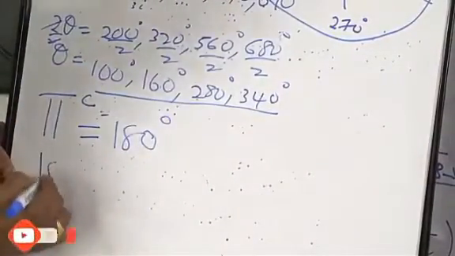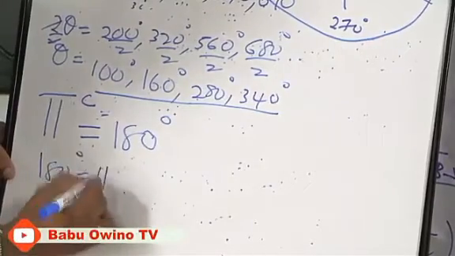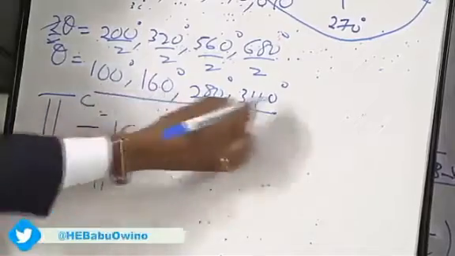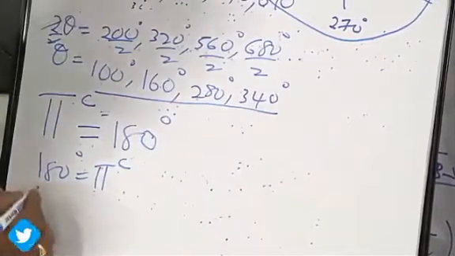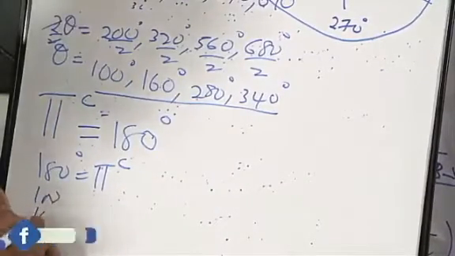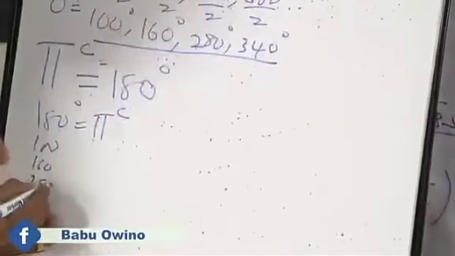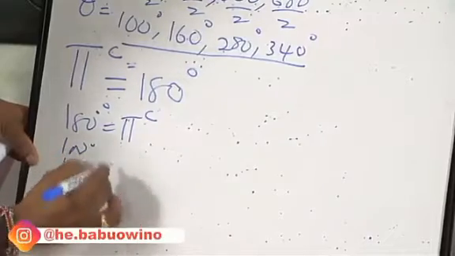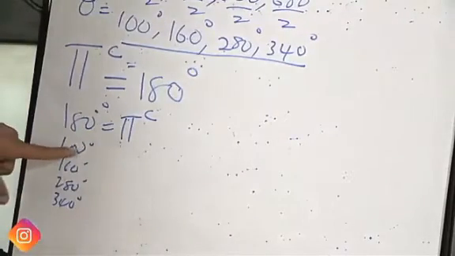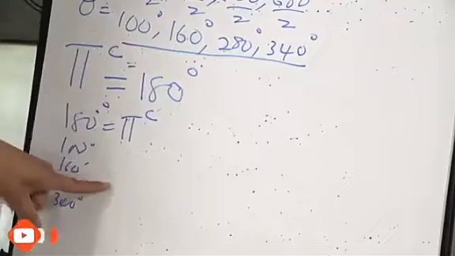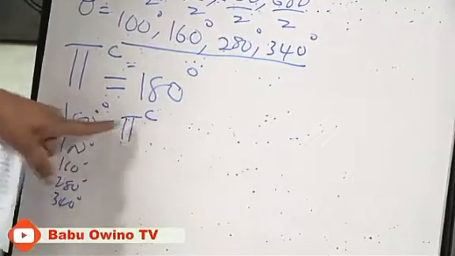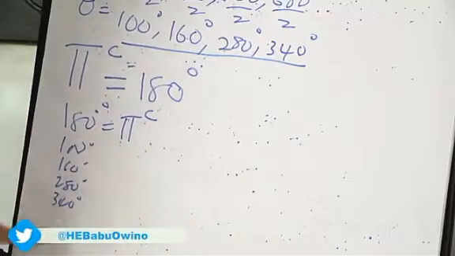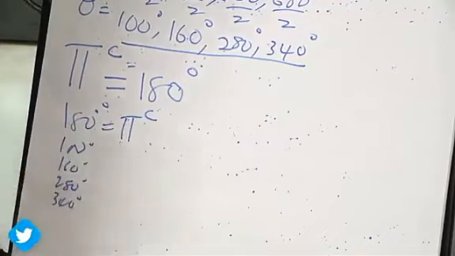If 180 degrees equals pi radians, what about 100, 160, 280, and 340 degrees? So we'll be multiplying 100 times pi divided by 180, 160 times pi radians divided by 180, 280 times pi radians divided by 180, and 340 times pi radians divided by 180.